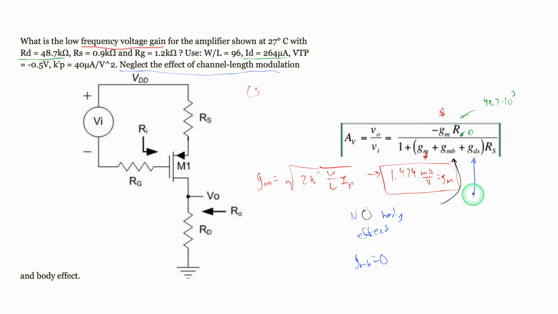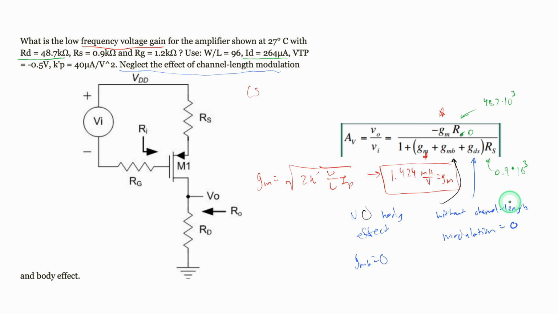And then we also have this GDS, and without channel length modulation, GDS is equal to 0 as well. So we would plug zeros in for both of these, and now we're just left with our RS, and we are given our RS as 0.9 kilo ohms. So we plug this in as 0.9, and the K is just 10 cubed.